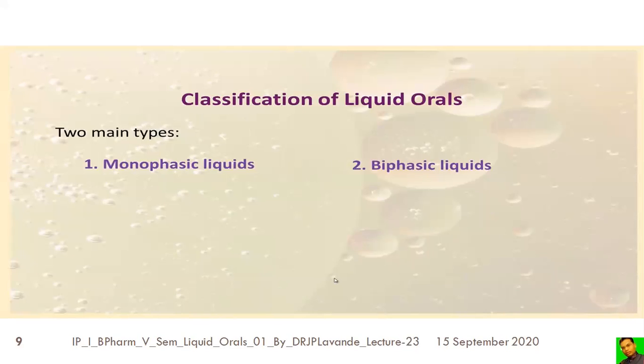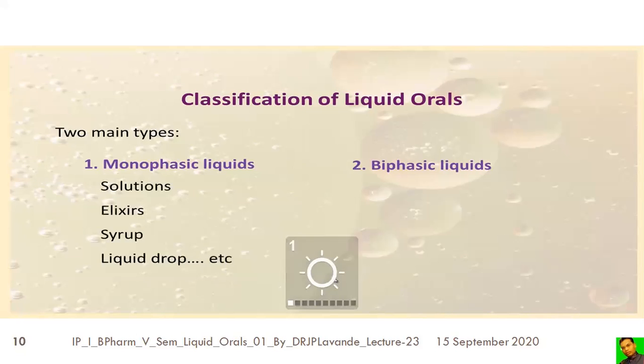And when there are two different phases, let us say, for example, liquid phase and solid or powder phase: when it is liquid in liquid, that is an emulsion. When it is liquid and solid, or liquid and powder, that is the suspension. So these two are the basic classifications associated with the liquid orals. The first is the monophasic liquid and the second is the biphasic liquid, isn't it?